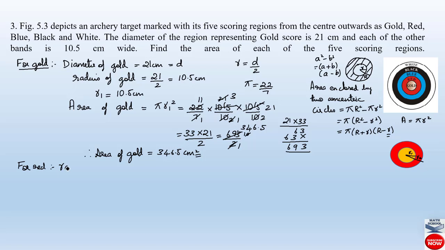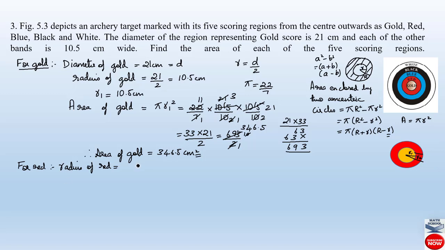So write down for red, what is the radius of the red region? The radius of red will be equal to radius R1 plus the width of the band given. What is the width of each band given? It is 10.5 centimeters, right? So radius R2 will be equal to R1, the radius of gold, plus the width of the band.